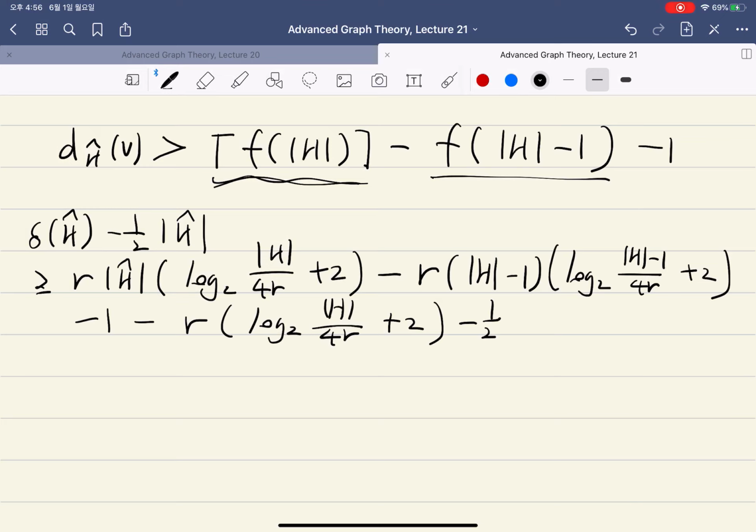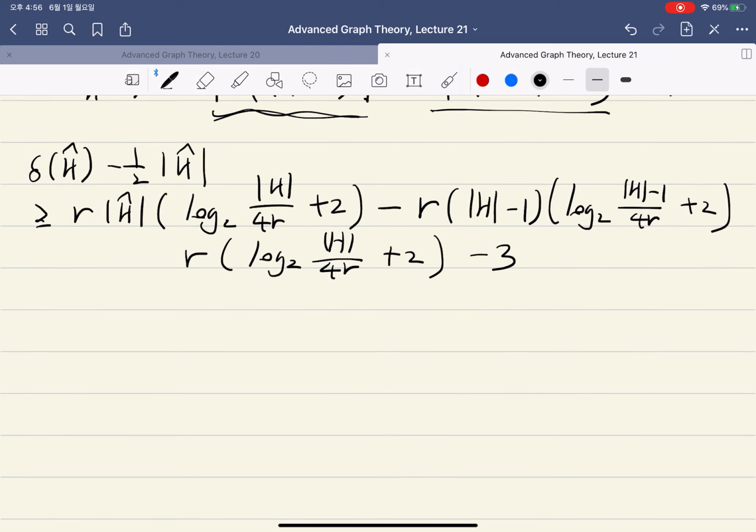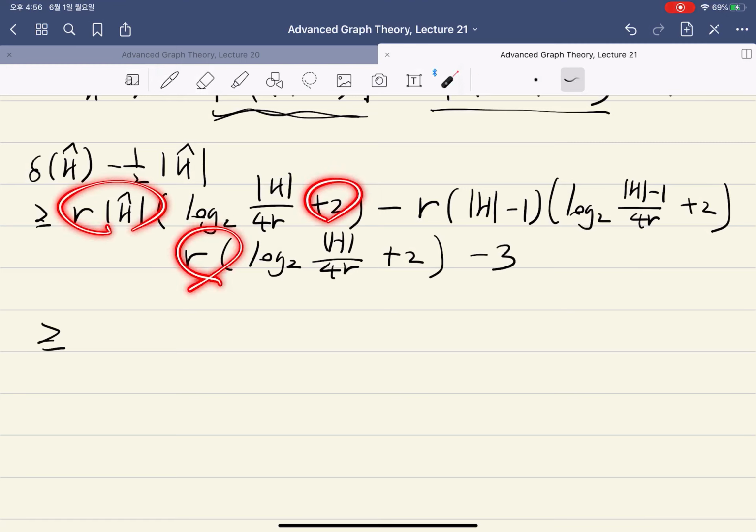Yeah, that is true, and then let's just put this all together, say at most 3. Then now we compute. So what's the second term?